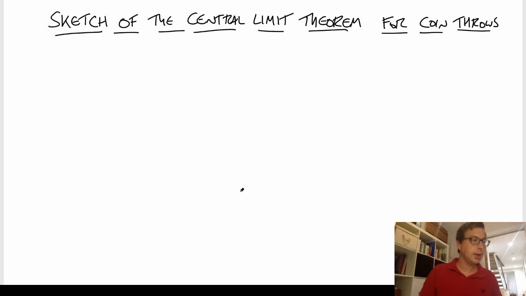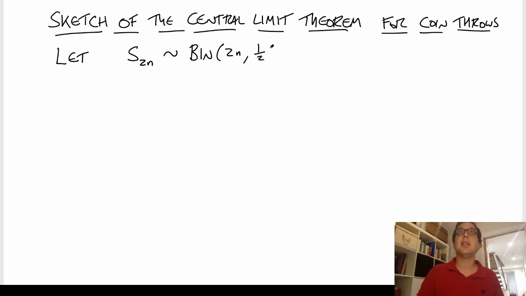Okay, so let S2n be a binomial distribution with parameter 2n, and probability of success a half.